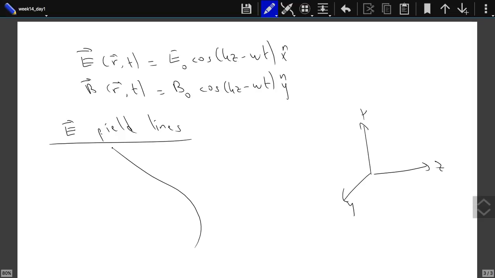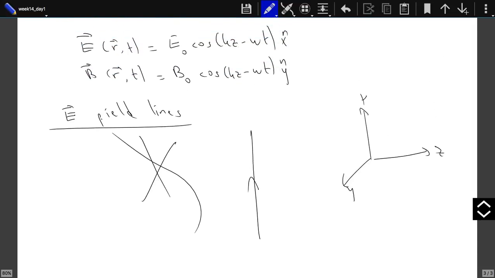What's wrong with this one? Well, the tangent is pointing in that direction over here, if we have such a shape. But we said that the electric field is always in the x direction. So we cannot have such curves. The electric field line has to be perpendicular. This is not possible. So this is an example of an electric field line corresponding to that electric field.